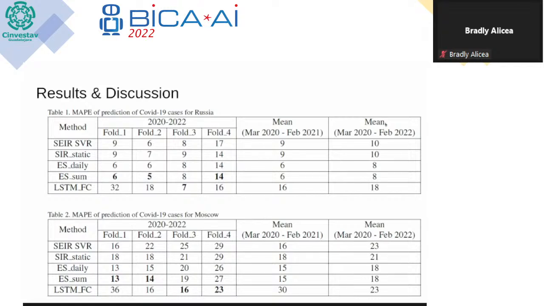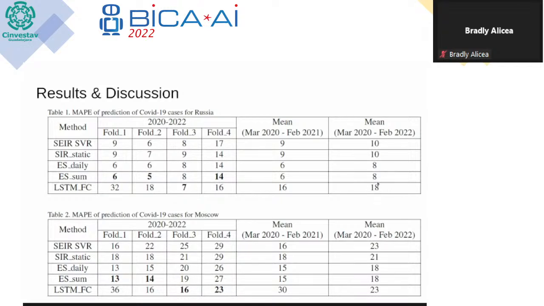And here you can see the averages for Moscow and for Russia as a whole. Of course, for smooth lines such as Russia as a whole, it's better to use simpler models that give less noise during forecasts.